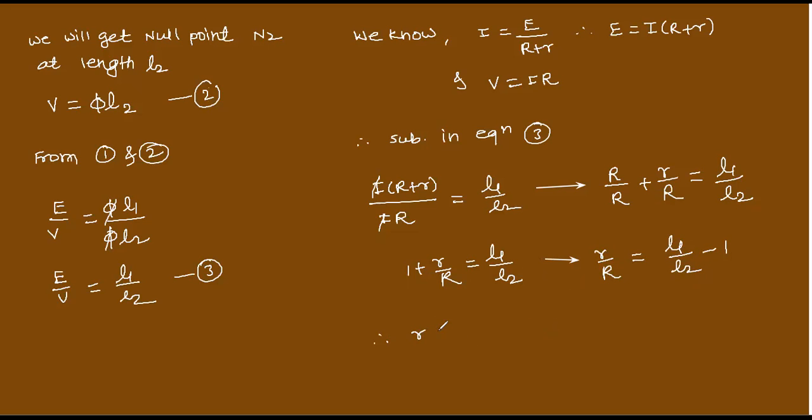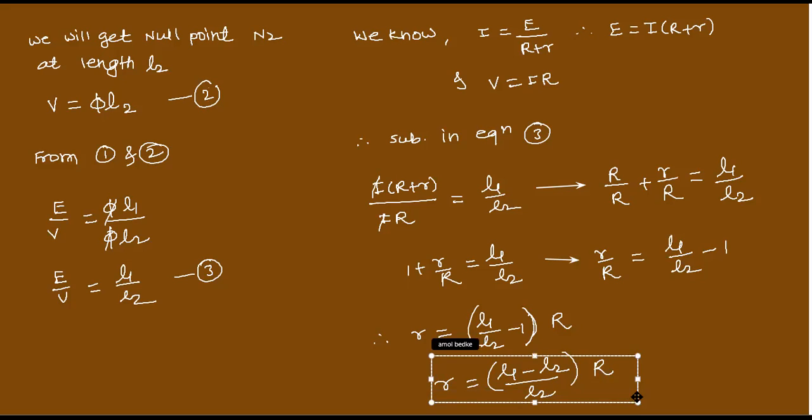And therefore, small r is equal to L1 by L2 minus 1, and this capital R is going here in multiplication. If you want, you can simplify this. This is L1 minus L2 divided by L2 into R, and hence this is the internal resistance of the cell formula which you are getting.